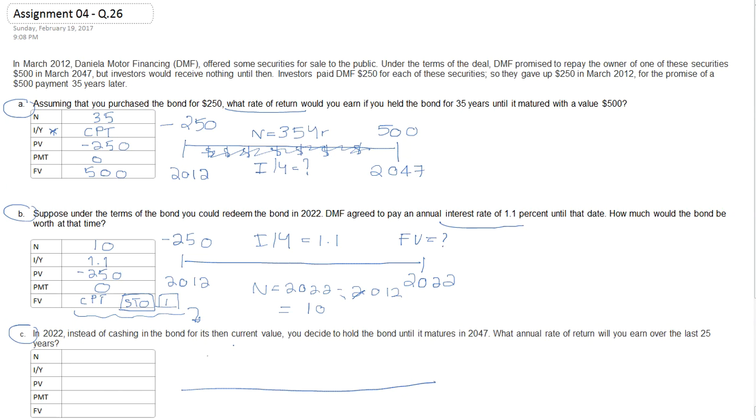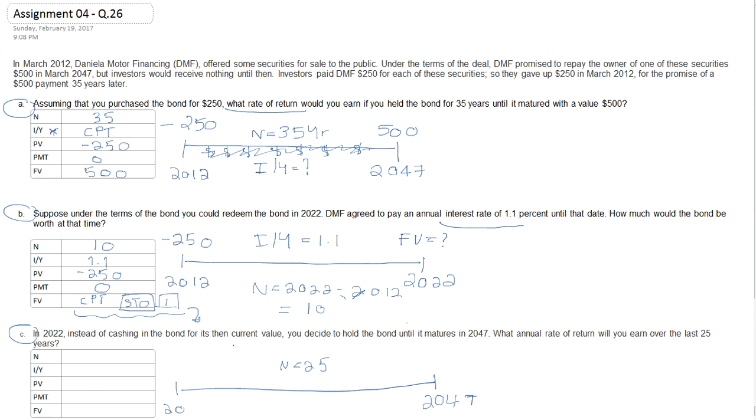Looking at part C, instead of cashing in the bond for its then current value, you decide to hold the bond until it matures, which is year 2047. What will be the annual rate of return you earn over 25 years? It already gives you 25 years. So what will be the year that you start to invest?